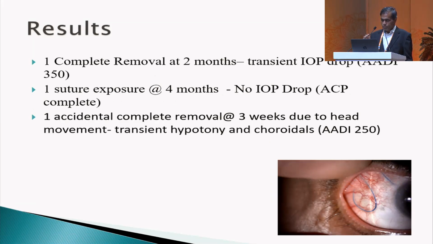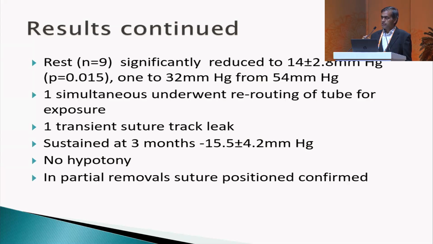So for exposures, a complete removal was done. As I mentioned, in 1 patient we had done a removal because the IOP was uncontrolled at 2 months. And the first partial withdrawal that we did had an accidental removal, which was done under topical anesthesia. Subsequent ones were done under sub-Tenon anesthesia. In the rest, the IOP substantially reduced. In 1 patient, it reduced only to 32 from 54, and this patient had an additional drop at 6 weeks.